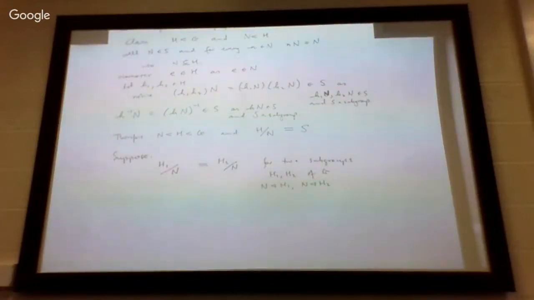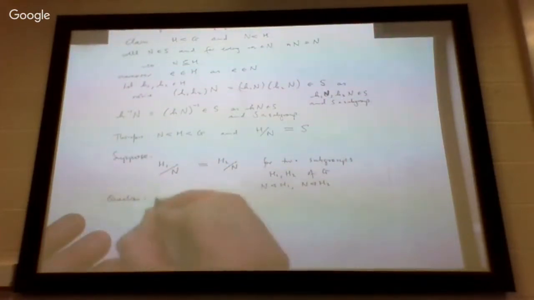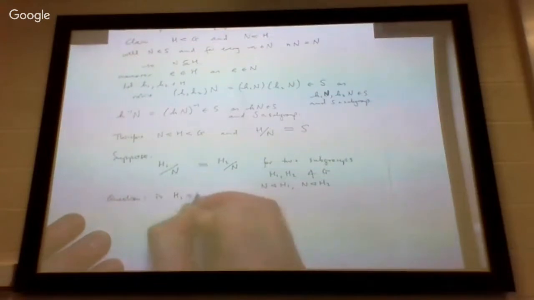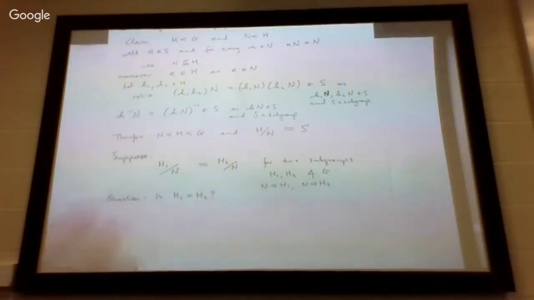Are H1 and H2 the same subgroup? If we want it to be one-to-one, the question is, is H1 equal to H2? If H1 must be equal to H2, then we'll know it's a one-to-one correspondence.